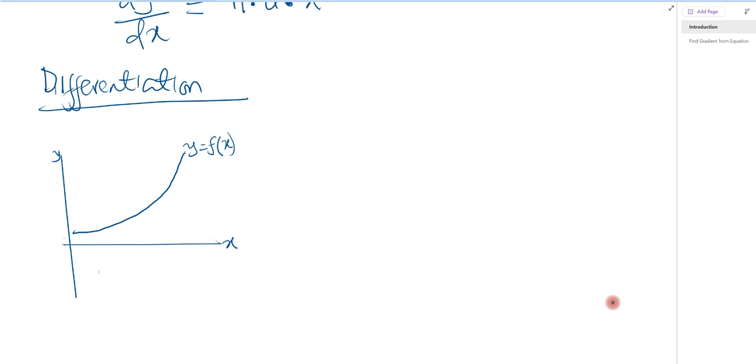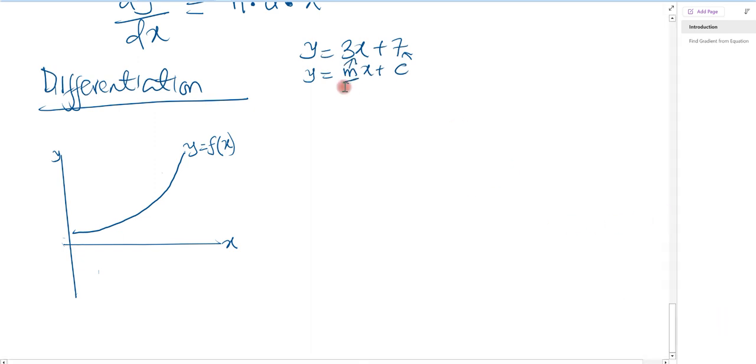Remember, or if you didn't watch the videos, you may know this already: if you have an equation of a line, for example y is equal to 3x plus 7, since the general format of a linear equation is mx plus c, you can easily say this 3 here is my gradient, the m, and the 7 here is the constant.